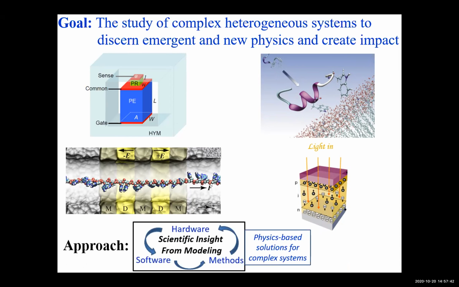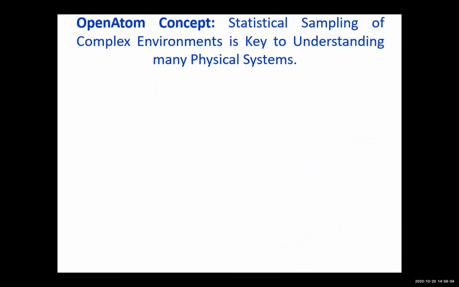Our approach is basically coupling hardware, software, and new methodology coupled to physics-based solutions for complex systems. Pretty much like all the talks we've heard, there's this melange of opportunities that this synthesis creates.